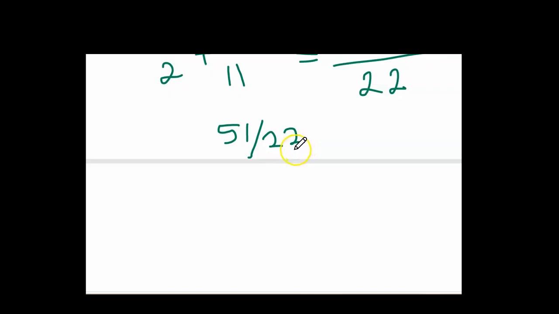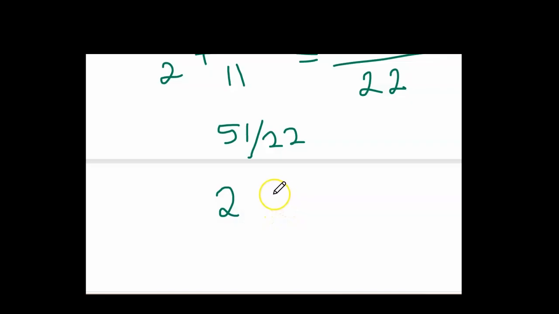And how many times can 51 be divided by 22? We are sure that 22 plus 22 will give us 44. So that will go just 2 times. So we're going to have it as 2 times here.